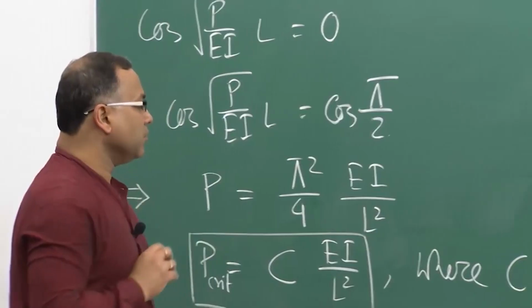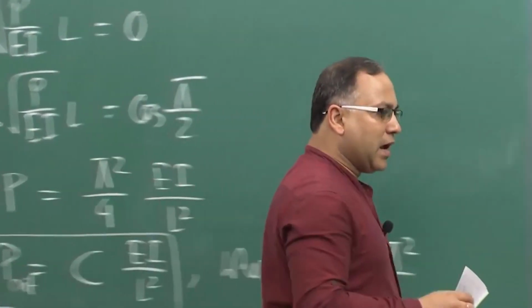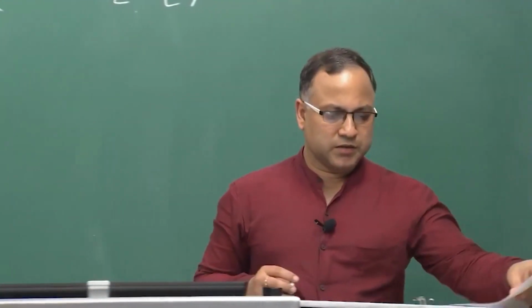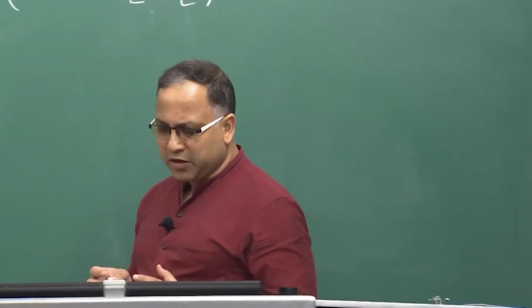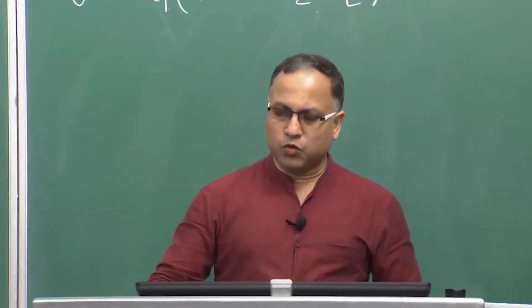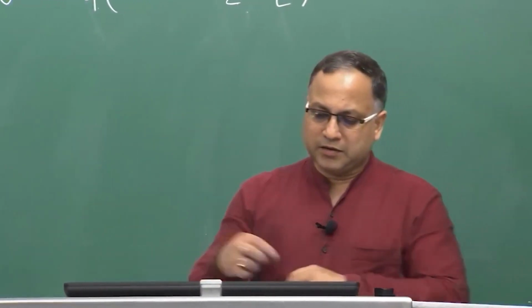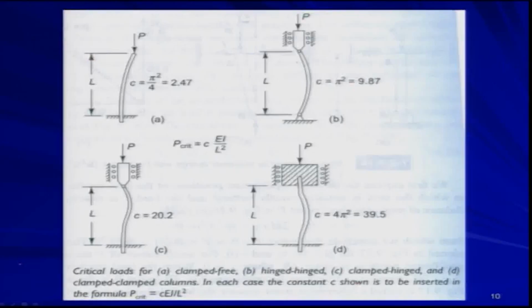So, now if you look at different boundary conditions, then how your solution will be altered. Now, look at these figures. We just looked at this part, where we considered this boundary condition, that means one end is clamped, another end is free.